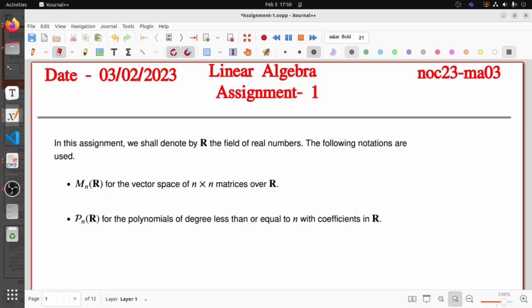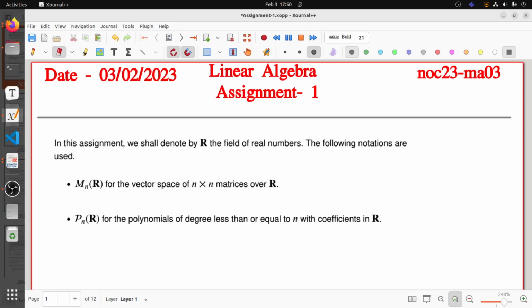So this is the definition of span, right? Because B is in the span, B is a finite linear combination of elements U1, U2, ..., UK from A with scalars from R.